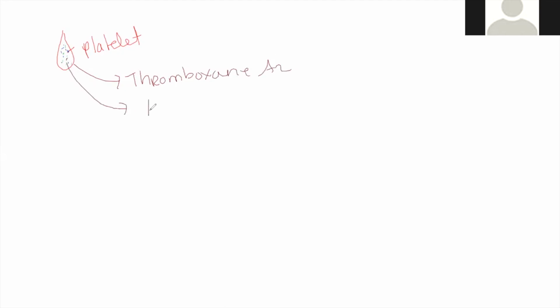We have another one called ADP, adenosine diphosphate, and then we have another one which is serotonin, all right? So I want you to think about that and write that down. This is very important. So platelets come from that large cell, the megakaryocyte, and it's broken off, and then the platelets contain these three very important substances.